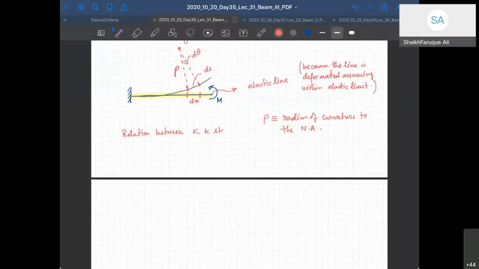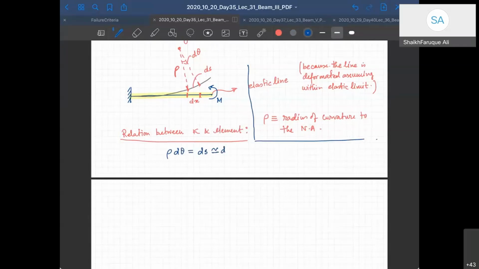Not yet strain. Let's say the dx length element is, how do you write it? Then we write rho d theta is equal to ds, which can be approximated as dx. That gives me d theta by ds, or approximately d theta by dx, is equal to 1 by rho, which is the curvature kappa.